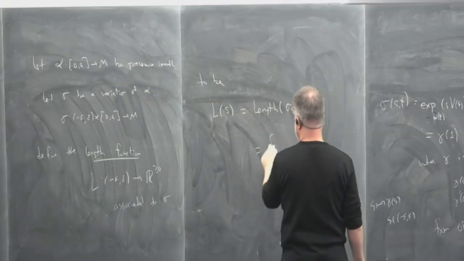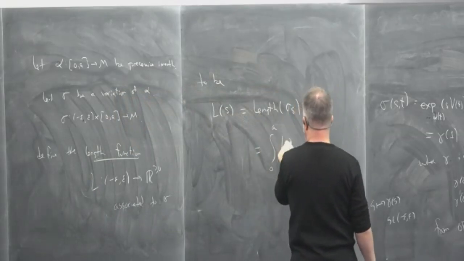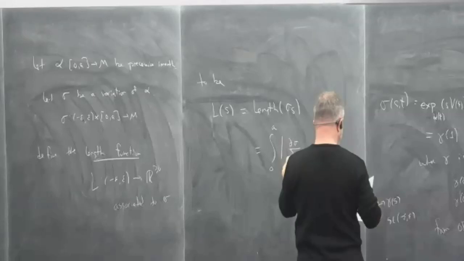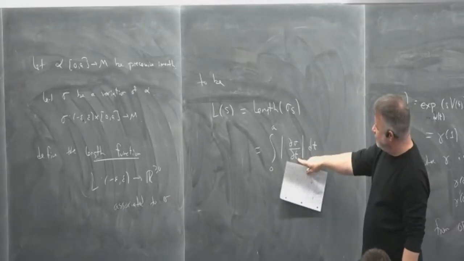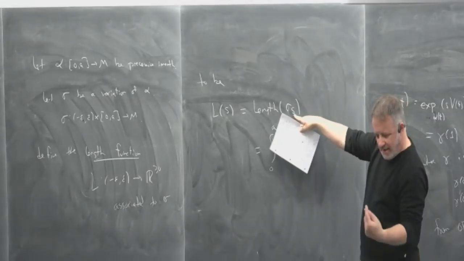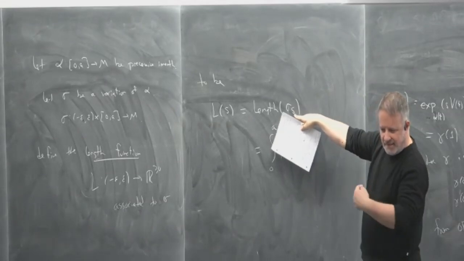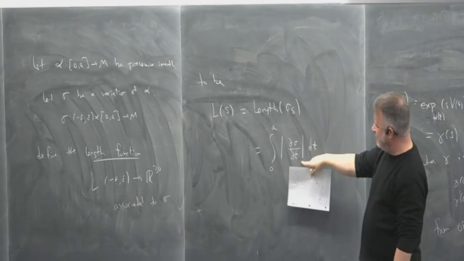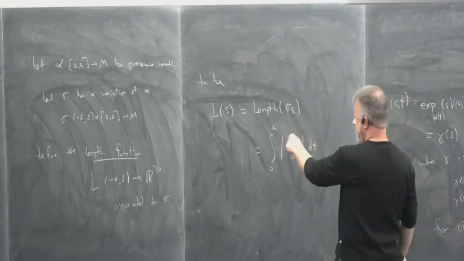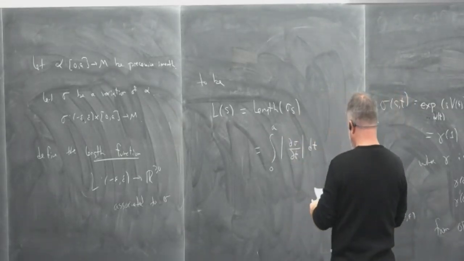So that's the integral from 0 to a of the norm of d sigma dt, dt. Remember for fixed s, as a function of t, sigma s is a curve from 0, a to M. So this is just the velocity of that curve, and I just take the length.